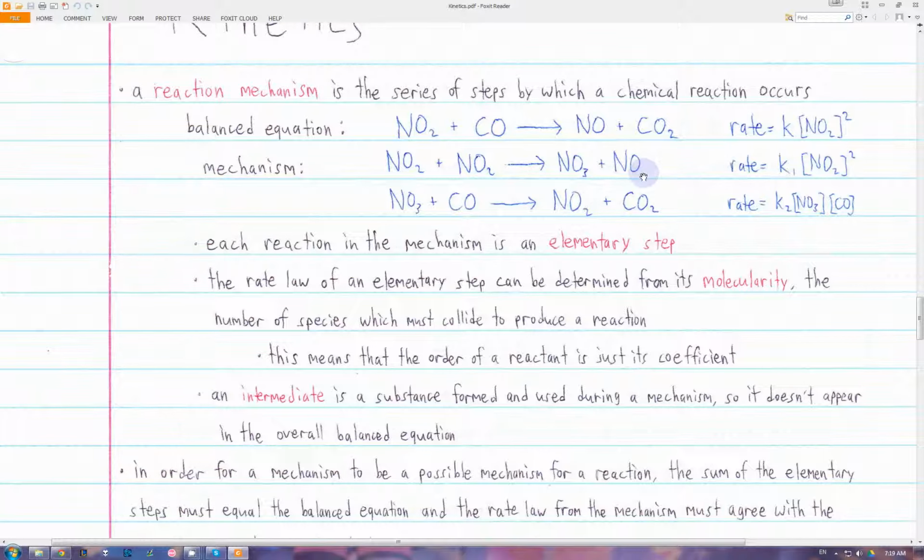Because to find the rate law from the mechanism, we just take the rate law of the slowest elementary step. And the rate law from the mechanism has to agree with the experimental rate law for the balanced equation. So for this mechanism, since this rate law for the first step agrees with the rate law for the balanced equation, the first step must be the slowest step.